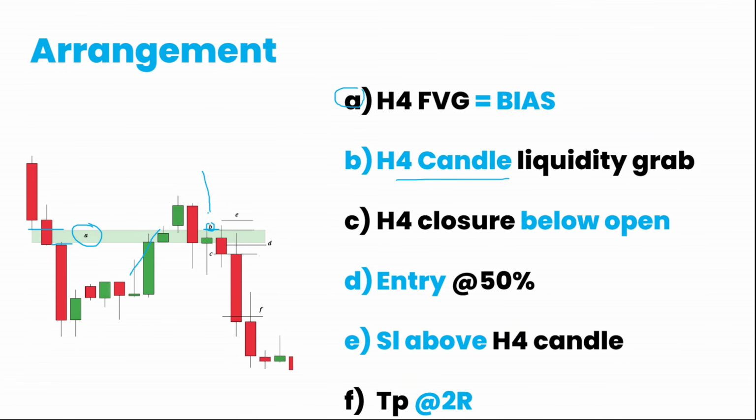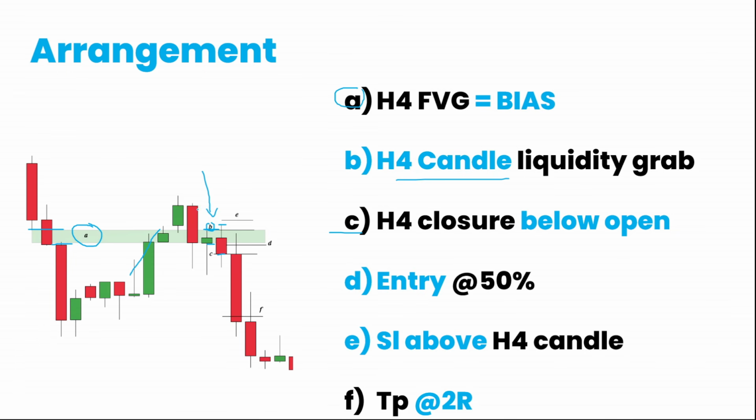We are talking of these 2 candles, the red and the green one. When it breaks the high, like in this particular case, it broke the high, and see it closes right below the open, which is below this particular open, and it closes here.